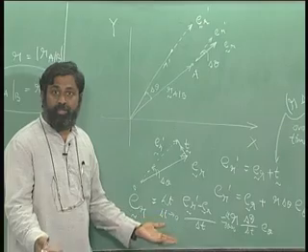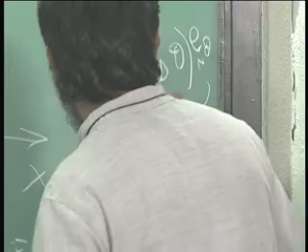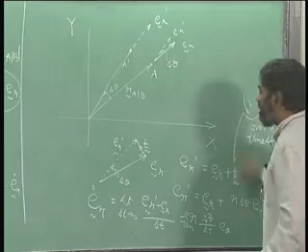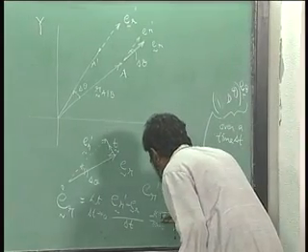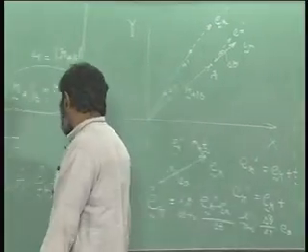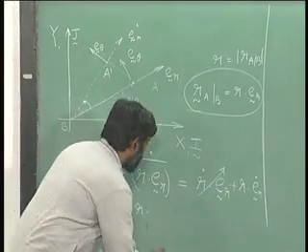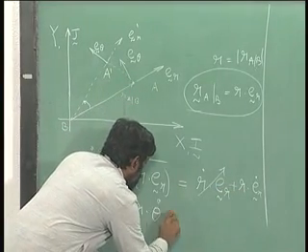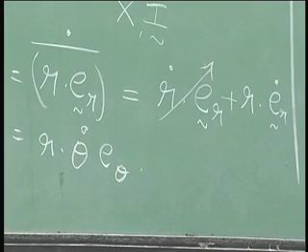What is the length of a unit vector? 1. So, when I took this, r is actually equal to 1, right, and therefore, let me just remove r here, so that we get theta dot E theta. Is this clear?